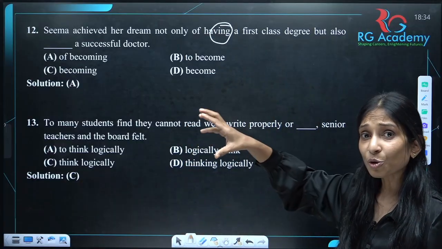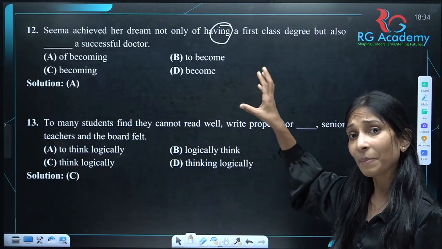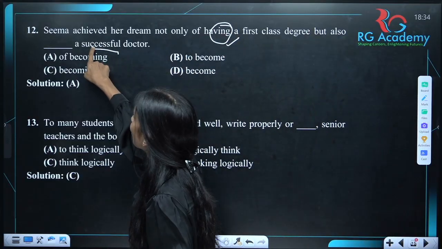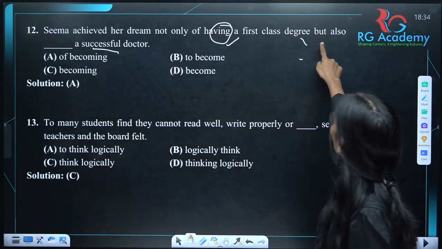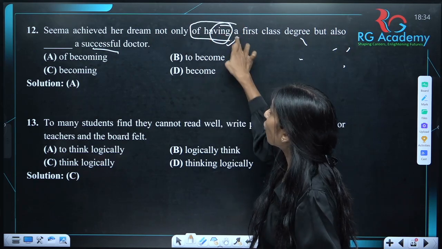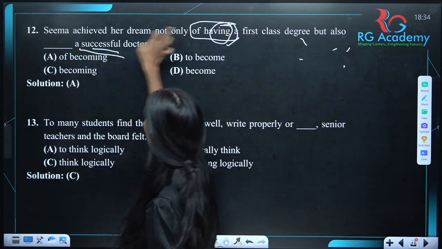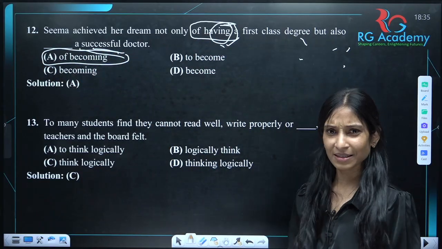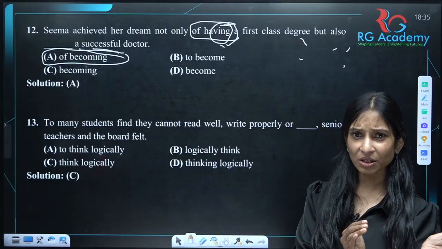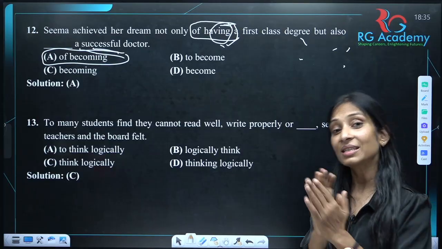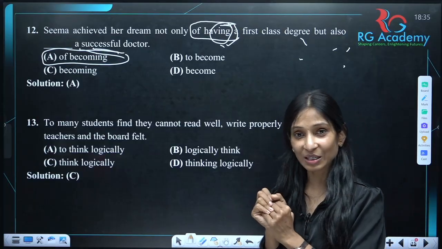So you have to provide the similar form of verb in the blank that has been given, right? As it is ing, so it is degree, but also of becoming. Why? Because here we have of having, so here also we are going to take of becoming. Simple. Just focus on what verb has been used and how it has been used earlier. Same, you have to fill in the blank that has been given.